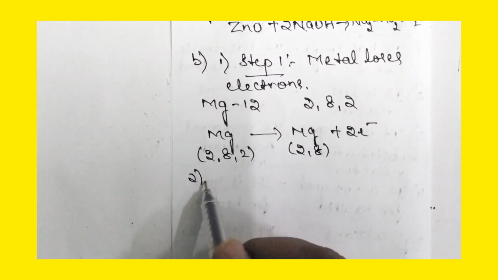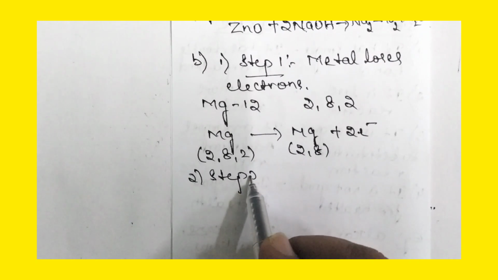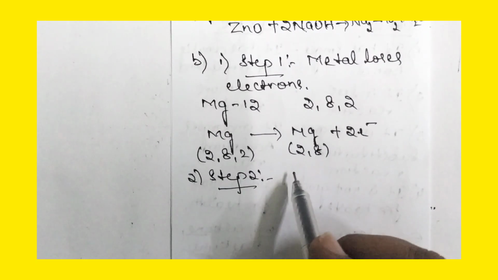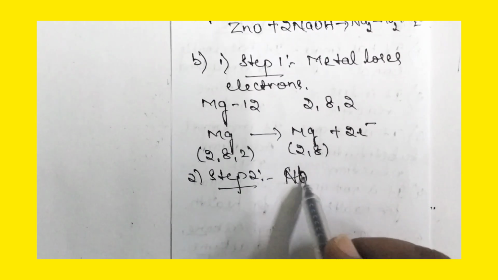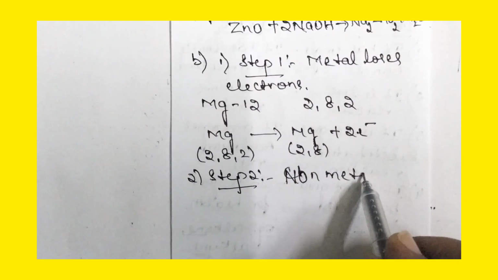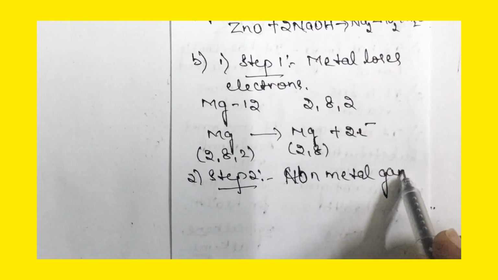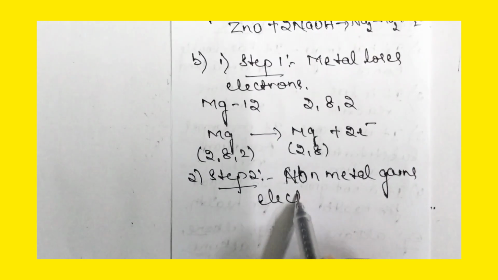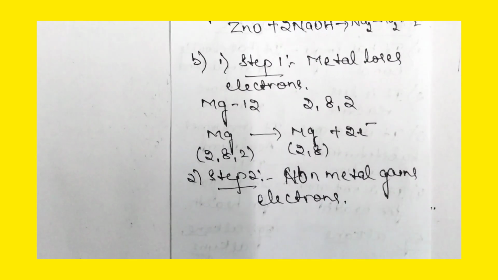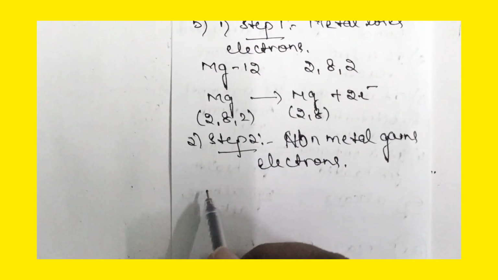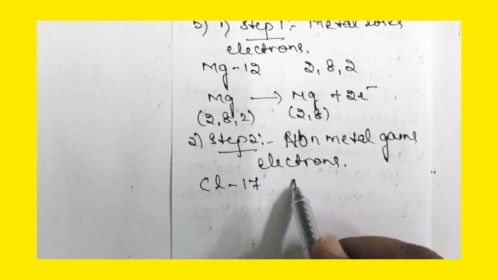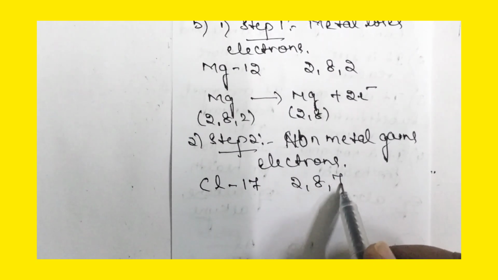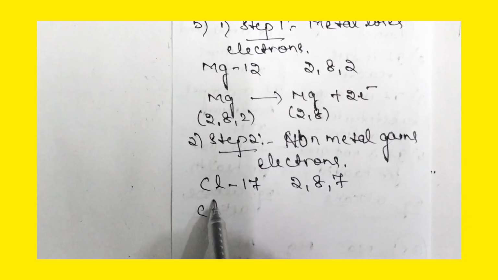Then coming to step number 2. In magnesium chloride, chlorine is a non-metal. That means the second step is non-metal gains electrons. Non-metal will gain electrons. Here the non-metal is chlorine, having atomic number 17 and distribution 2, 8, 7.